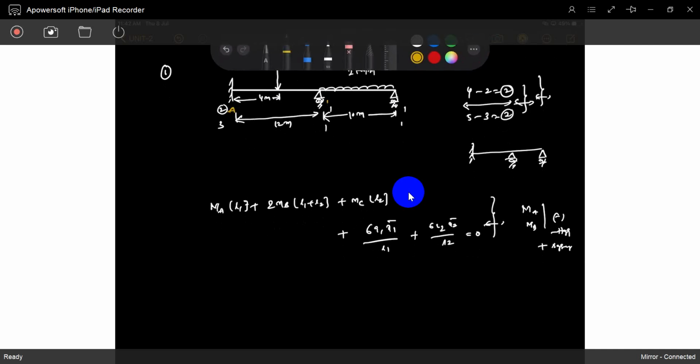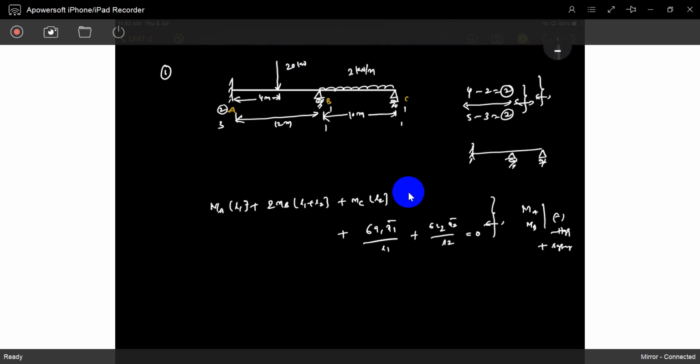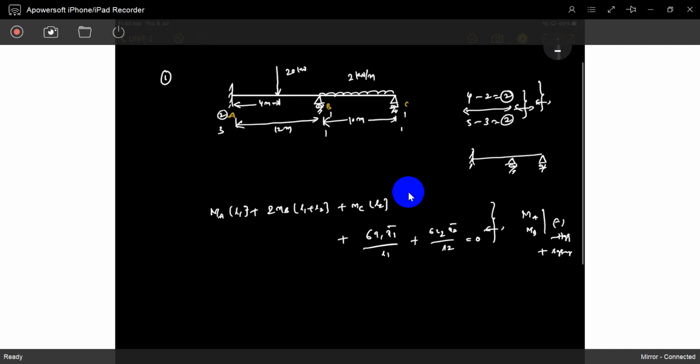Say it is A B C. Write it. If you see, we have only two spans, we get only one equation. But if you see, bending moment at A is there, bending moment at B is also there, bending moment at C is 0 because it's at the outer edge, not a hinge joint, it's a hinge support at the edge.